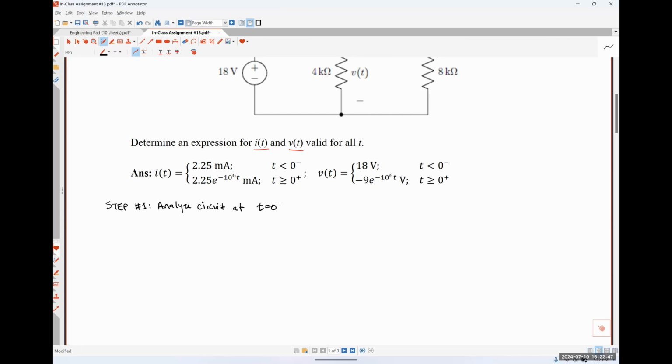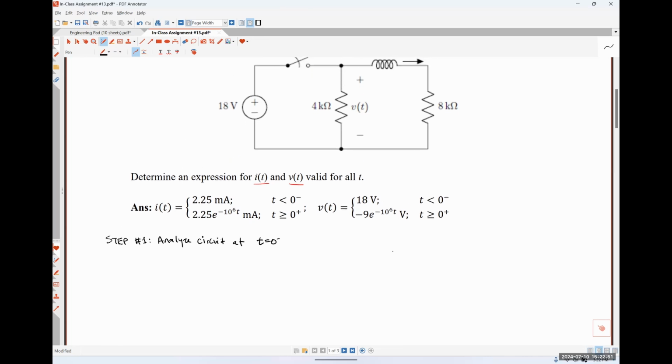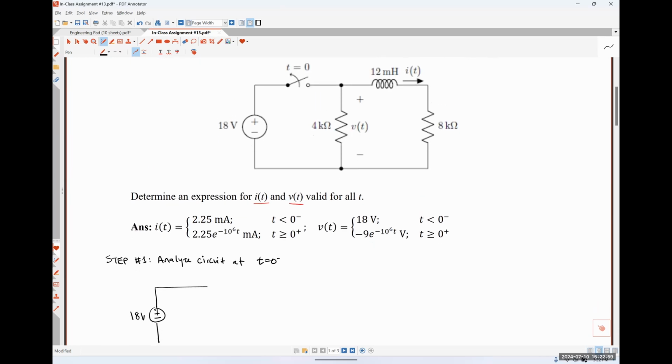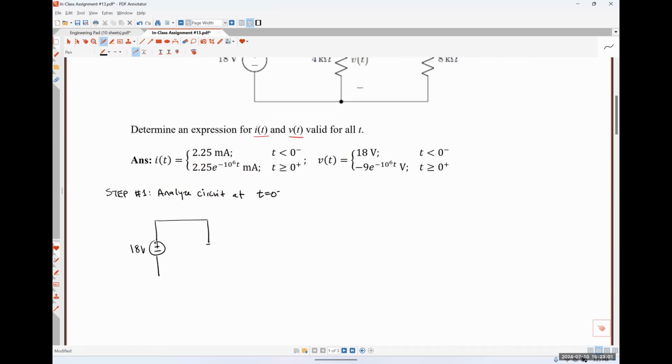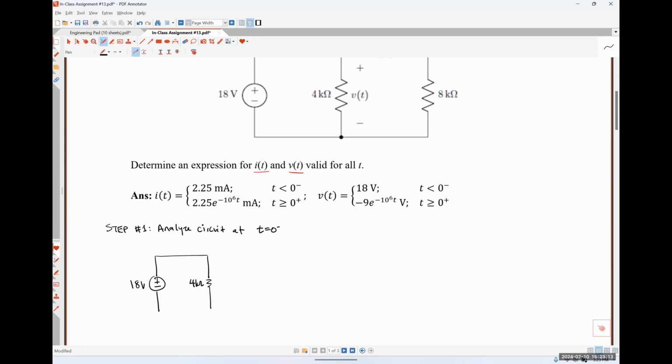At t is equal to 0 minus. So that would mean that we have an 18-volt source, a 4 kilo ohm resistance. So at t is equal to 0 minus, we're at DC steady state, so our inductor is now going to look like a short circuit.